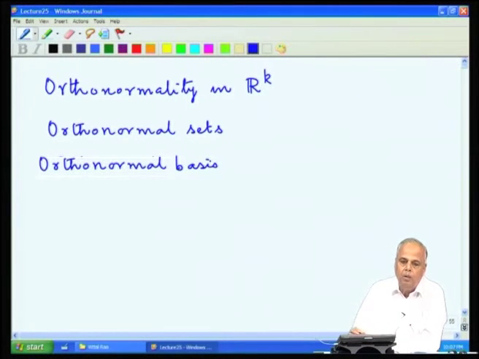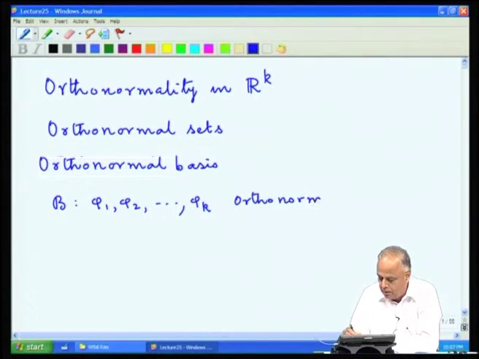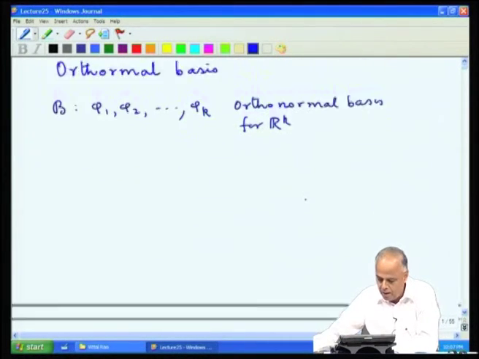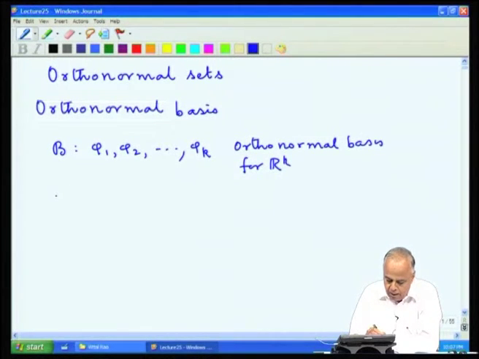An important outcome of this notion of orthonormal basis was that if you had an orthonormal basis phi 1, phi 2, ..., phi k, suppose this is an orthonormal basis for R^k, then we can expand any x in R^k.